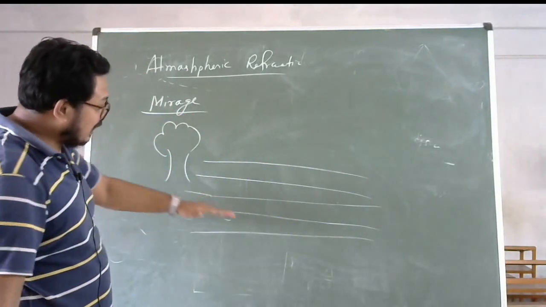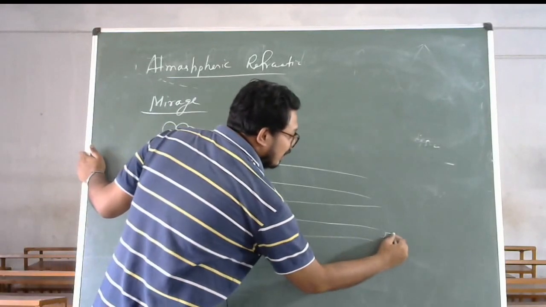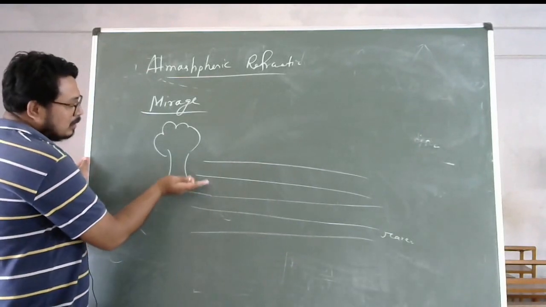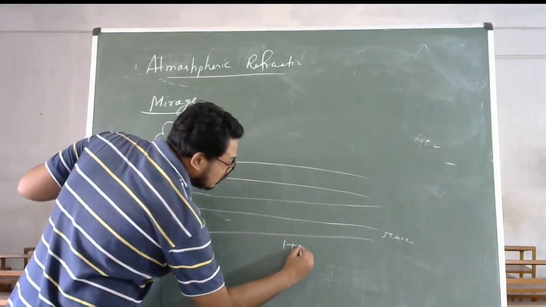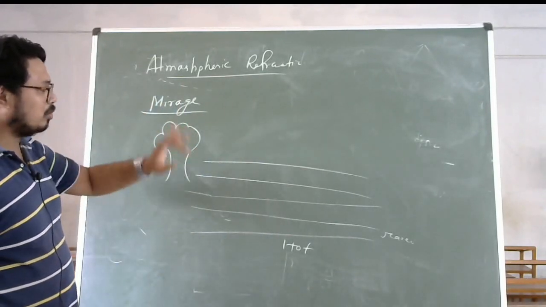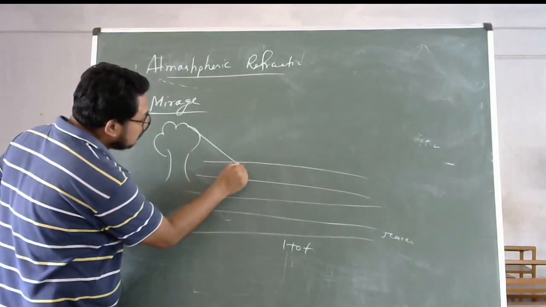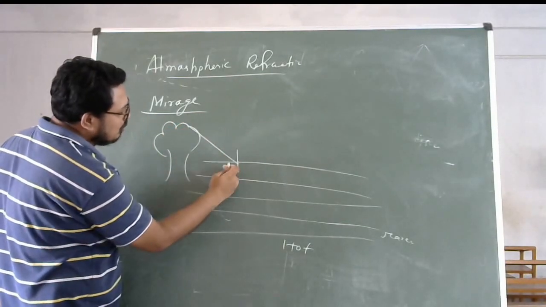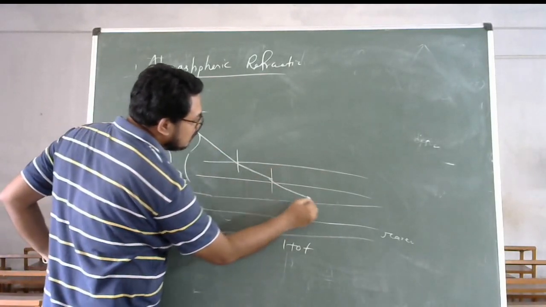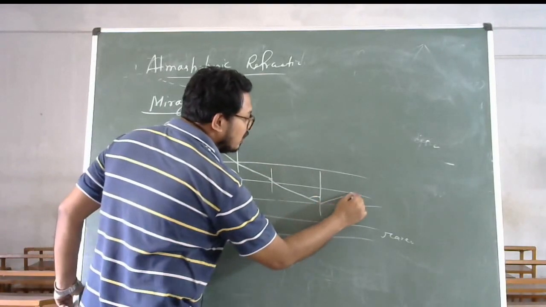So the layer which is near the ground will be rare, and then there will be more dense, because the surface near the ground is hot. So the density of air will be a little bit less, then more, then more, then more. Clear? So now, if light comes from here, it is coming from denser to rarer medium, it will bend away. Now, if it is for more than critical angle, what will happen? Again, it will reflect back.